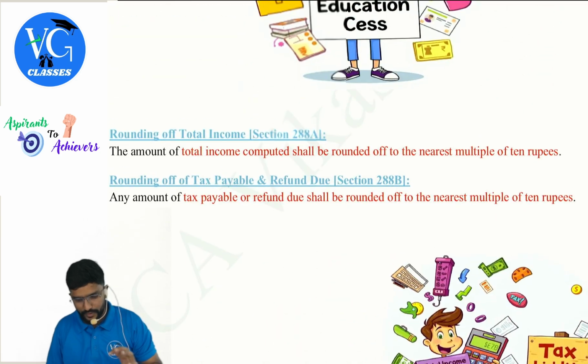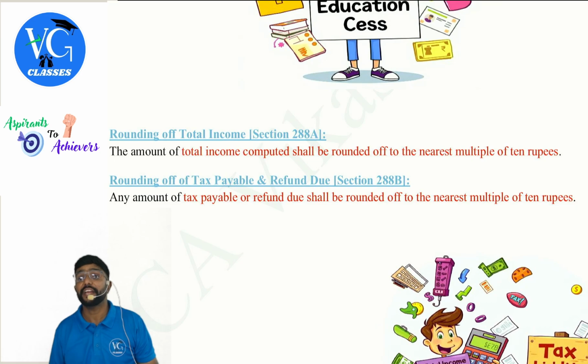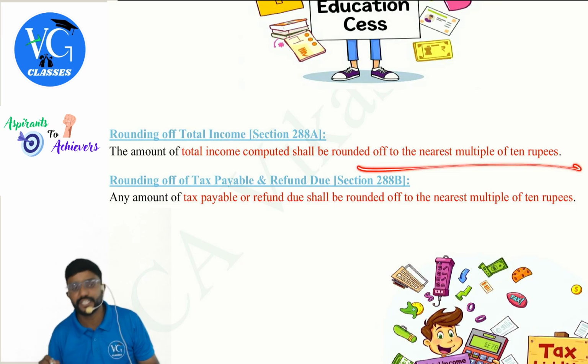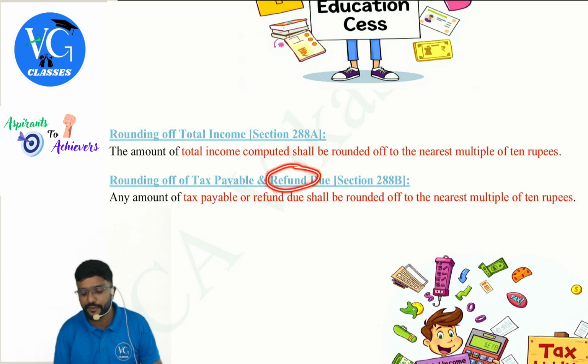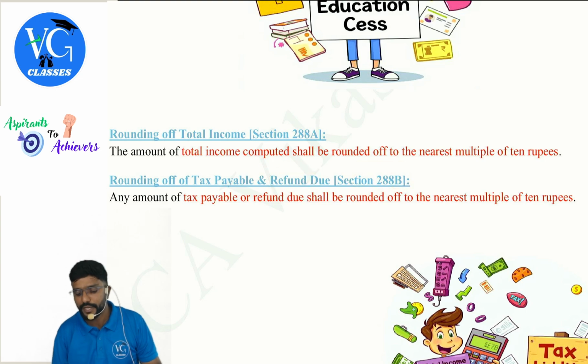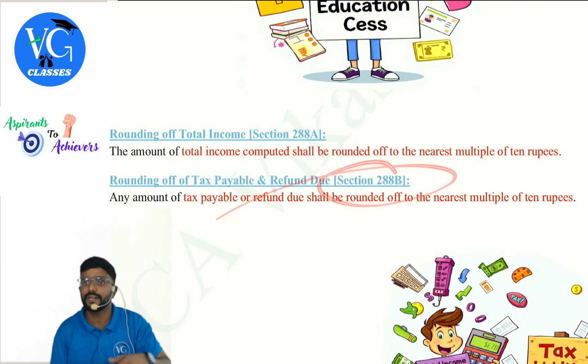Next, total income should always be rounded off under section 288A to the nearest 10 rupees. In the same way, total tax payable or final tax payable and refund due has to be rounded off to the nearest 10 rupees as per section 288B. 288A talks about income, 288B talks about tax liability.